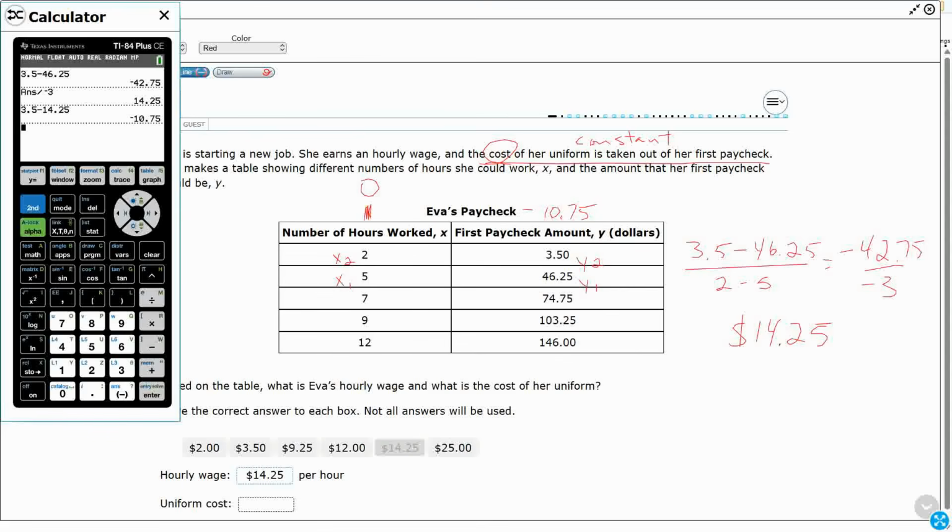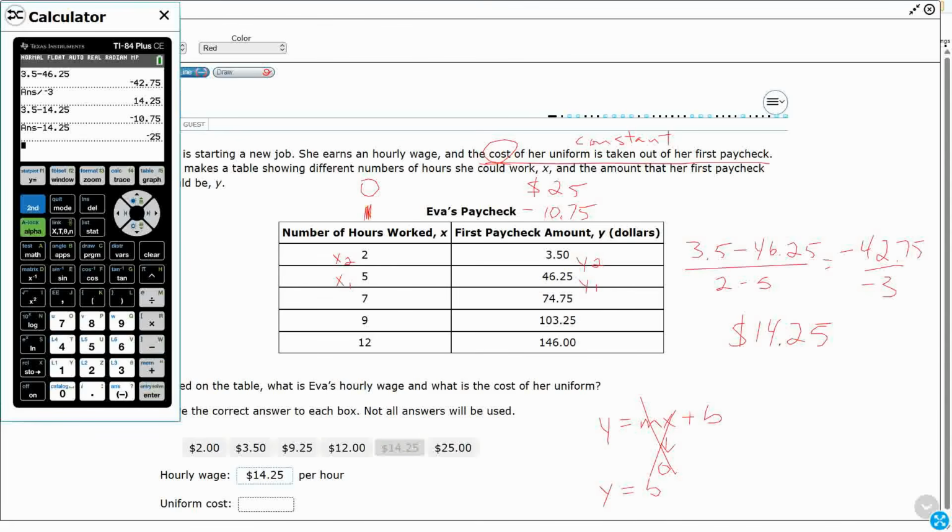I want to know what that y-intercept is going to be, because y equals mx plus b. If I can get my x to be 0, that cancels out, and whatever my y ends up being is my b. And that's what I'm looking for. So let's take away another 14.25. Negative 25 bucks. Okay, so $25 uniform, right?